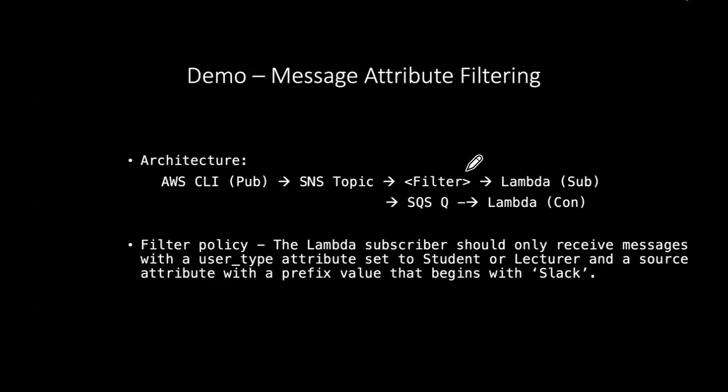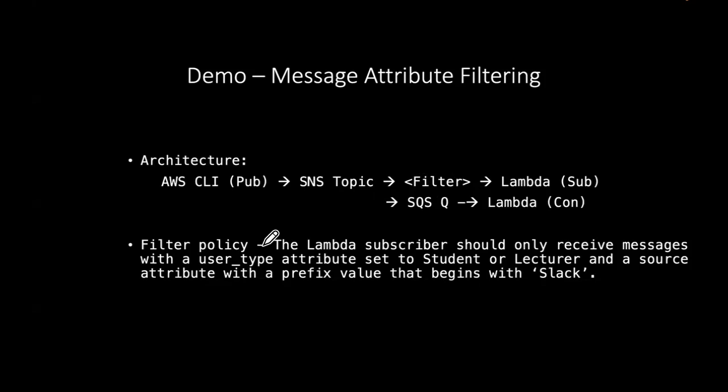How do we express our filter? You attach the filter to this subscription, and you do it at the stack level. And here's the specifics of the filtering that I want to have done.